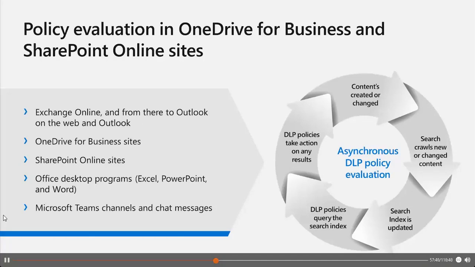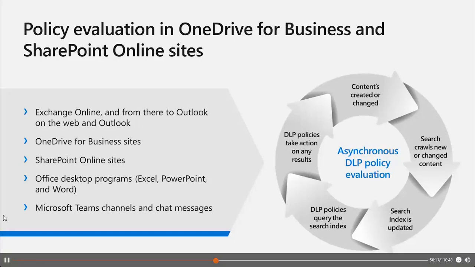For example, a person can upload a document that contains no sensitive information to their team site, but later a different person can edit the same document and add sensitive information to it. Exactly for this reason, DLP policies check documents for policy matches frequently in the background. You can think of this as asynchronous policy evaluation.